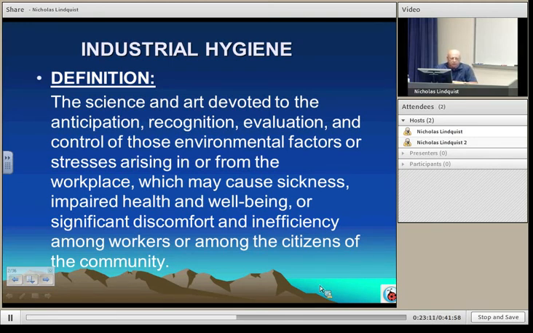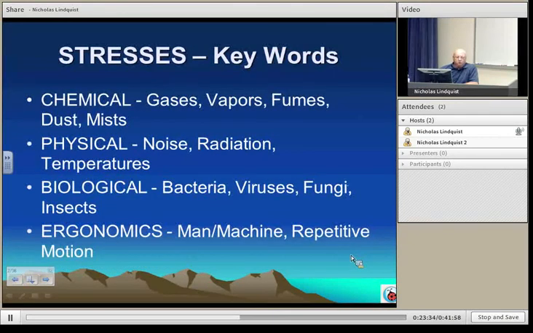Biological hazards include such things as bacteria, viruses, fungi, and insects. Ergonomic hazards deal with the man-machine interface, repetitive motion, or office and equipment design, and so on. So those are the stresses that the industrial hygienist typically will focus on in the course of performing their duties.